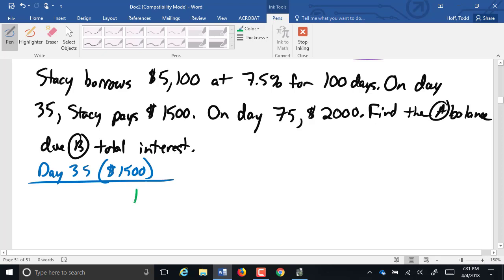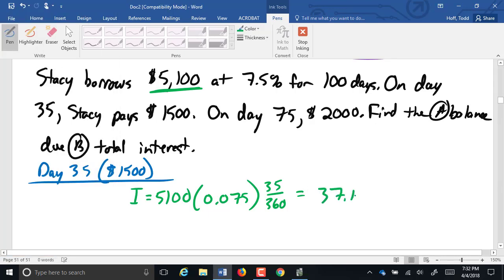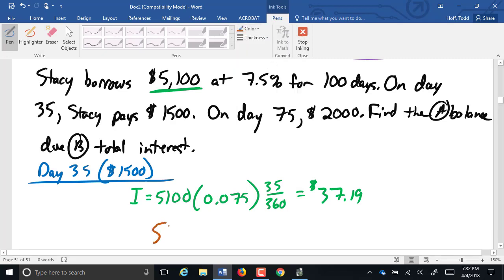Day 35 is the $1,500 payment. So we find the interest here. 5,100 is the original balance, 7.5%, so 0.075 times 35 over 360. That gives us $37.19. That is the interest on the first 35 days. So take 5,100 plus that 37.19, which is $5,137.19.